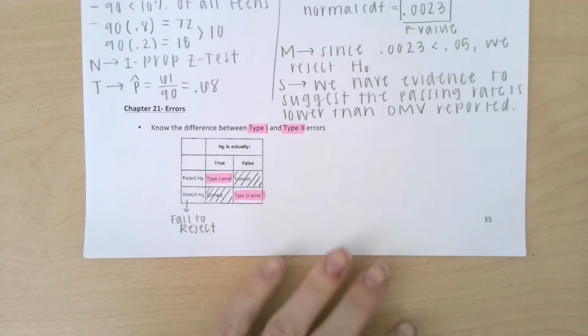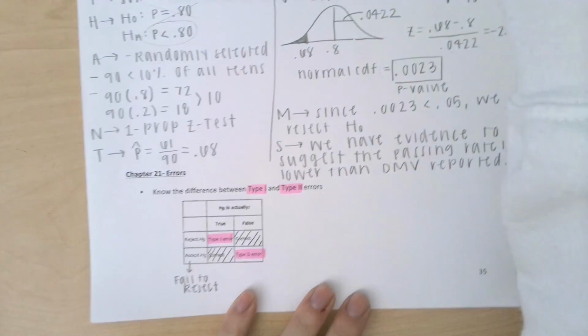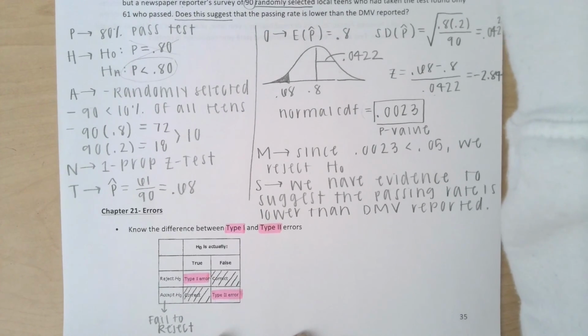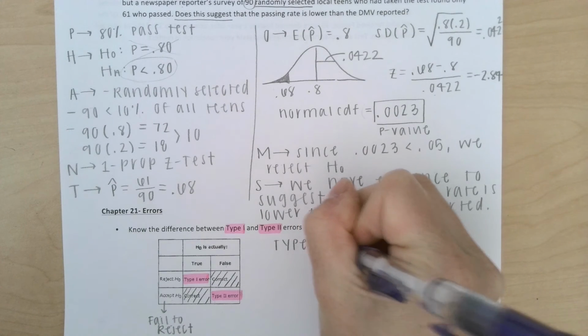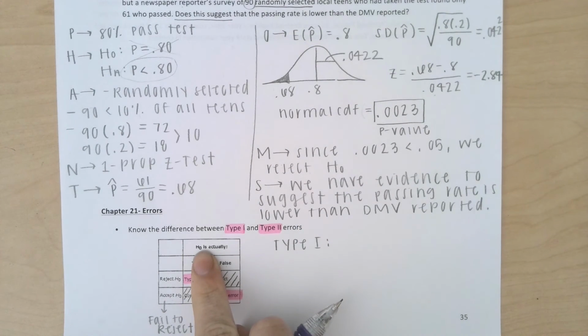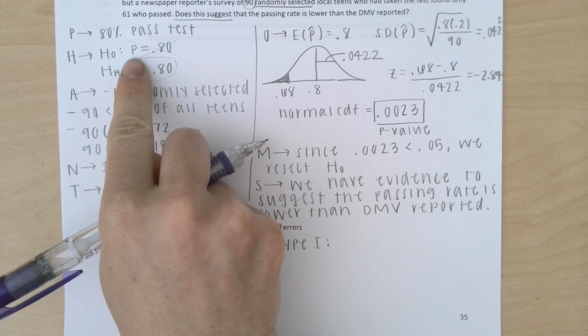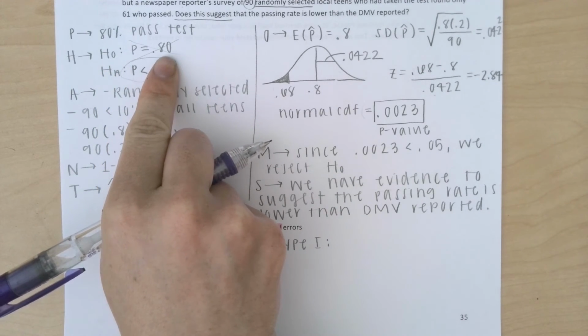Okay, so let's quickly go through a type 1 and a type 2 error for this problem that we just did. So a type 1 error would mean that the null hypothesis is actually true. So my null hypothesis was that the passing rate is 80%.